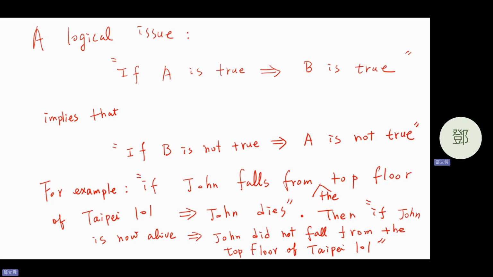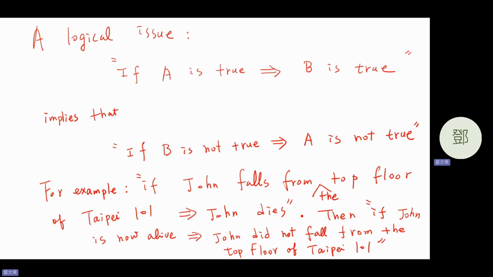If John falls from the top floor, this is A. Then B, B is John dies. Then when you see John is alive, did he go to the top floor of 101 and fall from it?